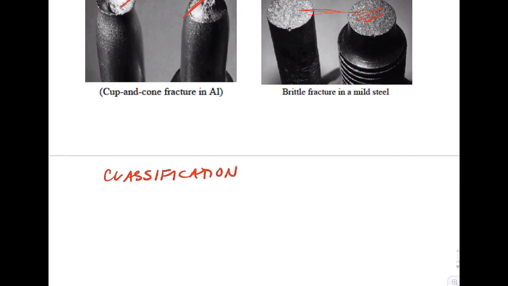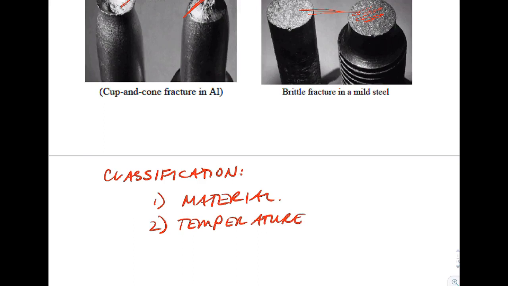Classifying something as ductile or brittle depends on several issues. One, it depends on the material itself, but also the temperature. Extreme heat and extreme cold have an effect.